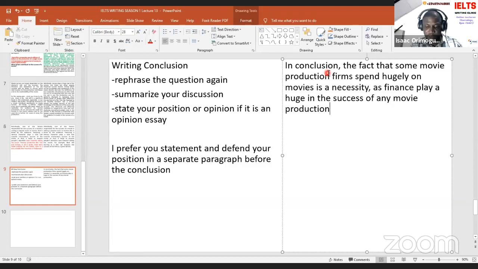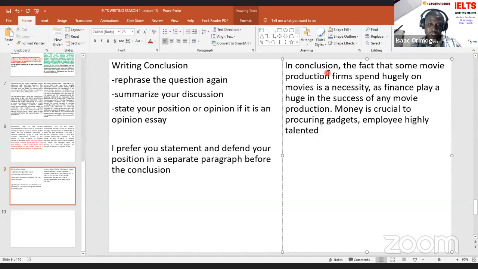Okay, so I can continue. Money is crucial to procuring gadgets, employing highly talented actors and actresses, because those are the things I actually said in my discussion.